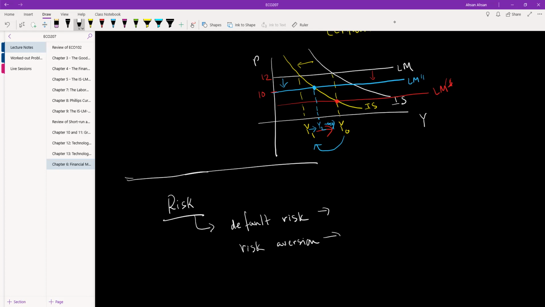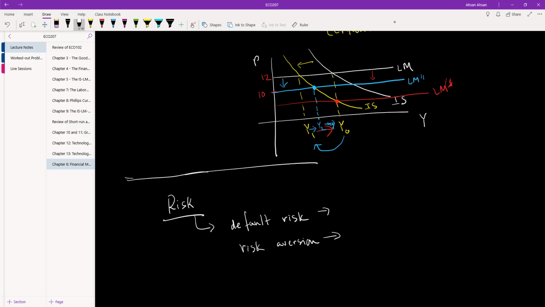And then there's also risk aversion, which is that different people are willing to take different levels of risk. So some people may be very happy buying an Apple bond. It's very safe. Someone else might say, no, I don't trust Apple. Most people will not be willing to buy an Italy bond.